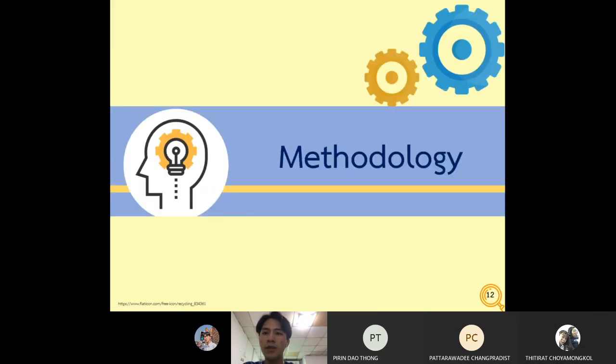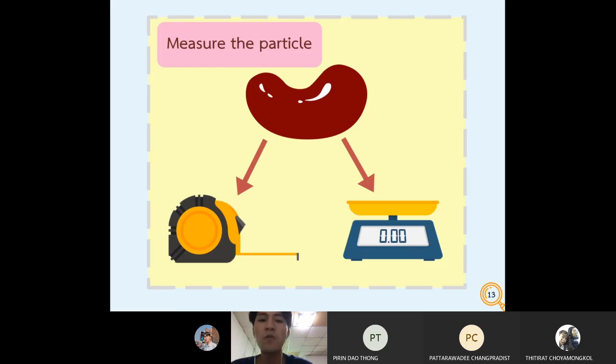For the methodology, first, we have to determine two important values. The first is the diameter of the particle, by measuring the width, length, and height of the rubber band and putting these values into the cubic root. In consequence, you will get the particle diameter.